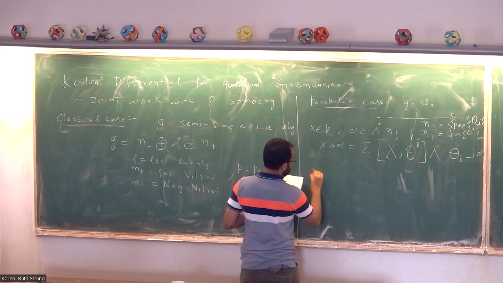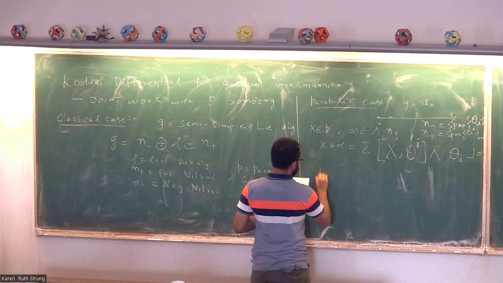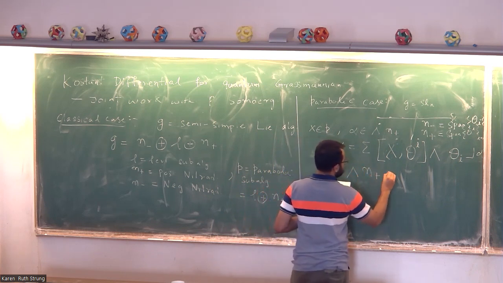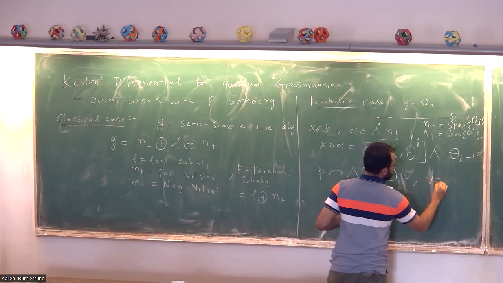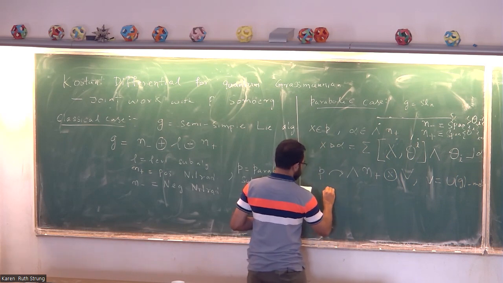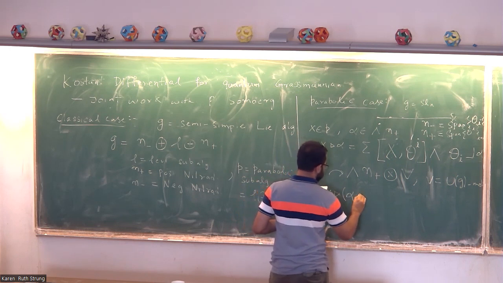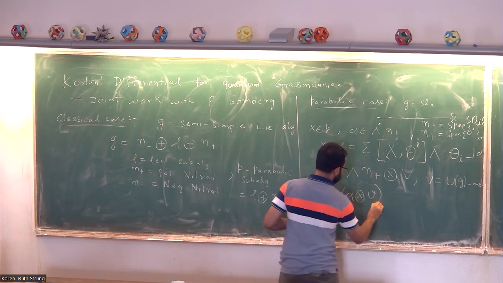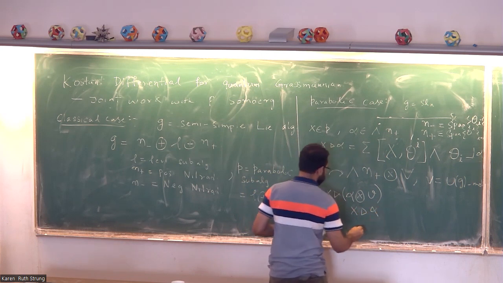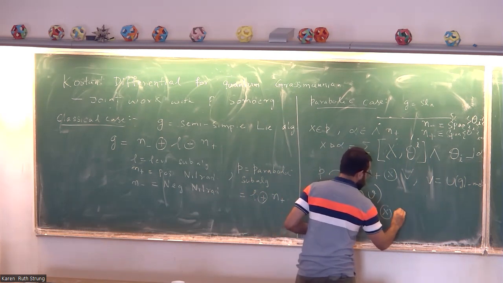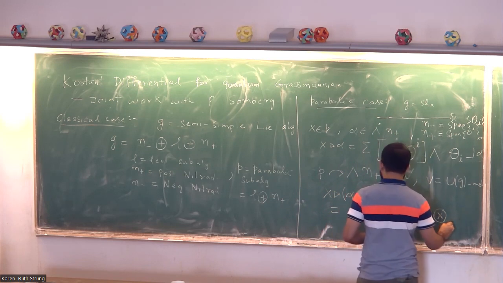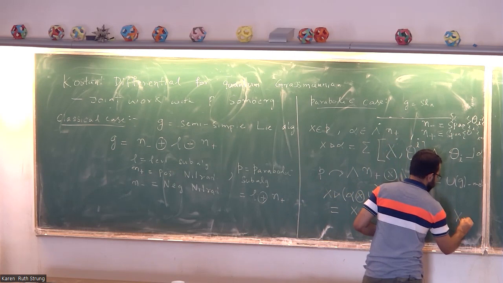So now the action of P on the wedge of n plus tensor V, where V is any U(g) module, is given by X acting on alpha tensor v, plus alpha tensor X acting on v.